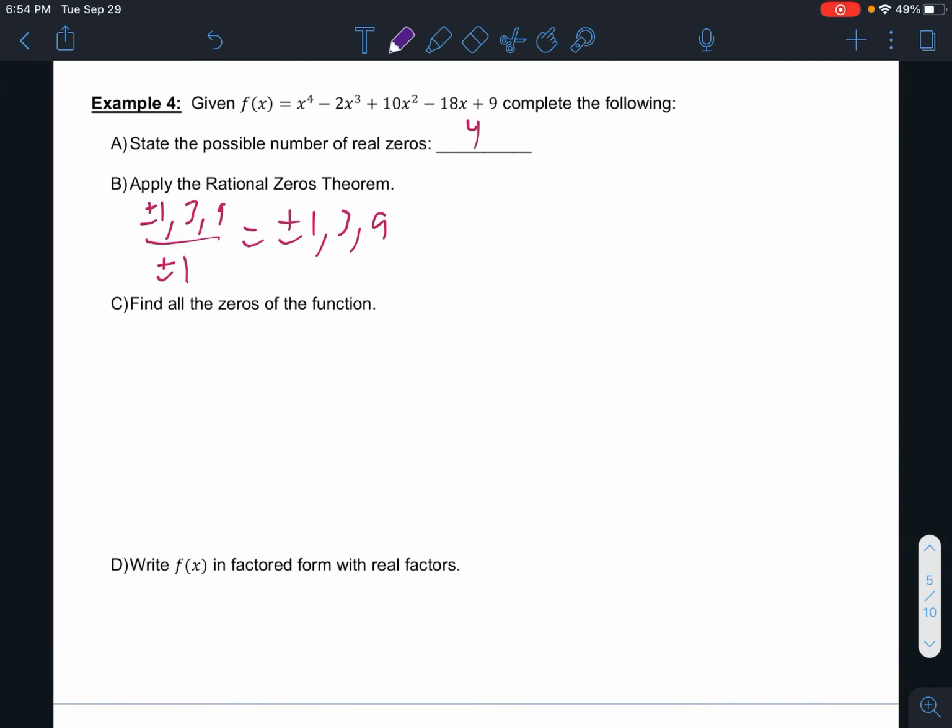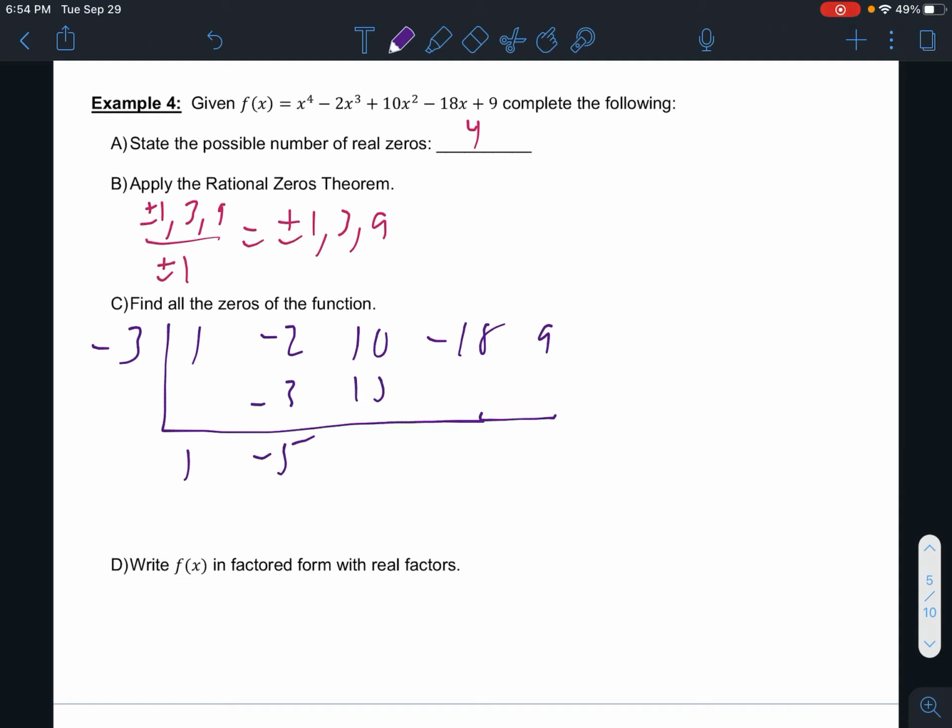Now to do this, I'm going to purposely guess wrong here so you can see what happens when you guess wrong. So I'm going to try negative 3. I'm not going to fill in that last one because I know it's not negative 9.